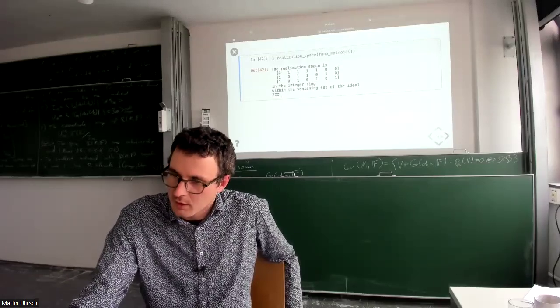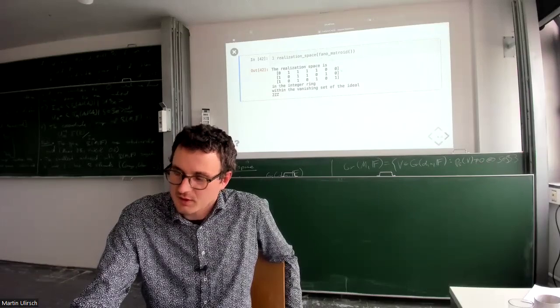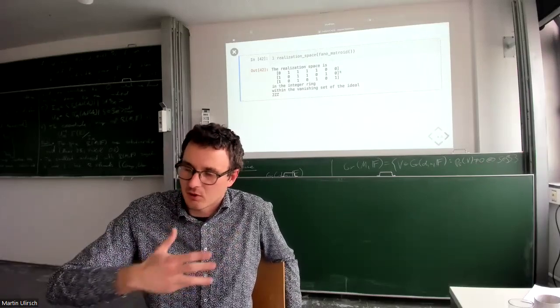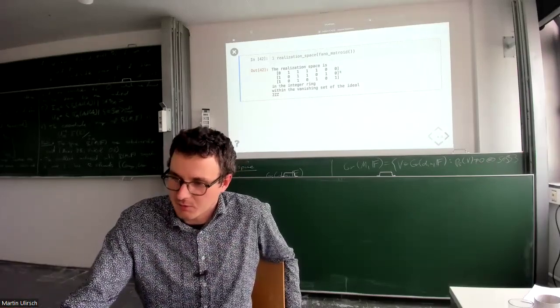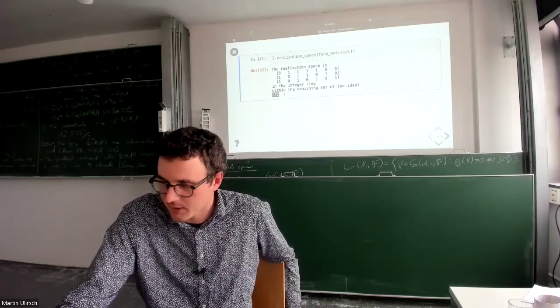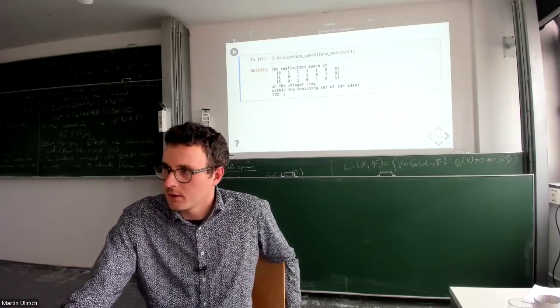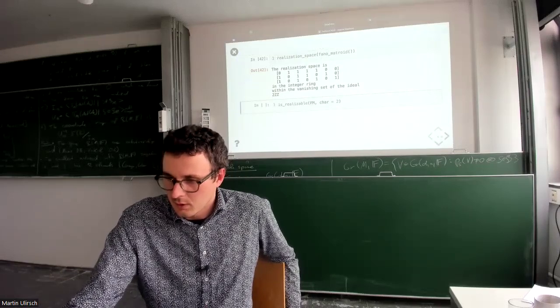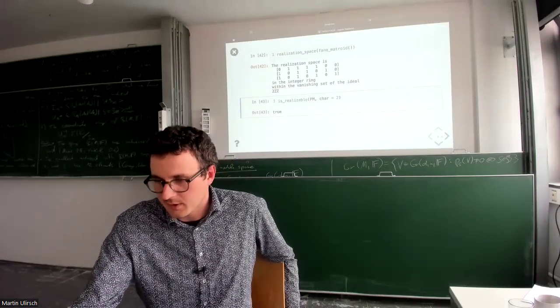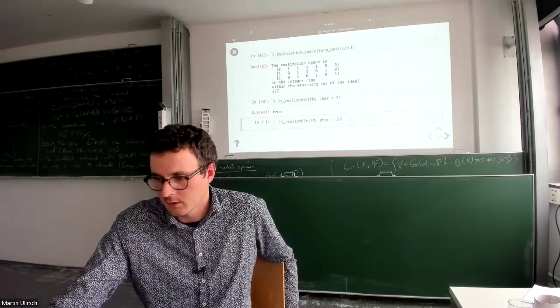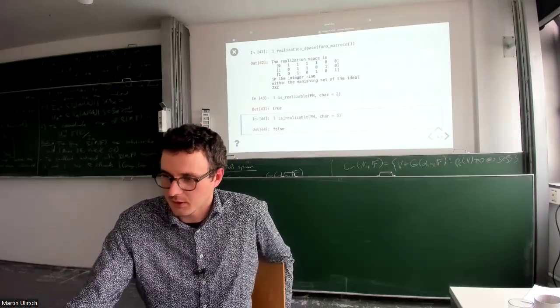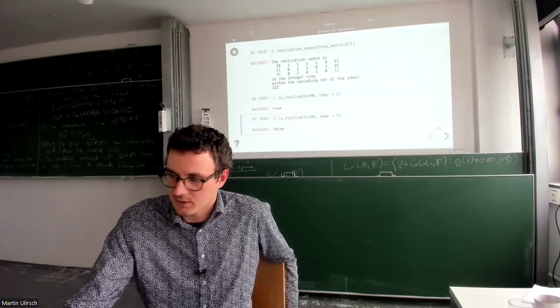Here we compute this over the integers, so that we can compute this realization space over all characteristics at the same time, and we find that it's only realizable in characteristic 2. We can also ask that directly, and then get these answers. That is true in characteristic 2, but false in characteristic 5.